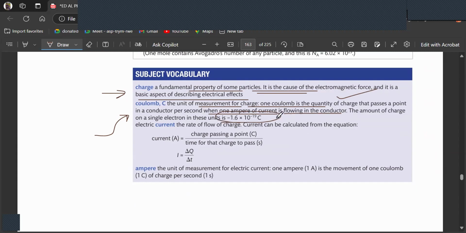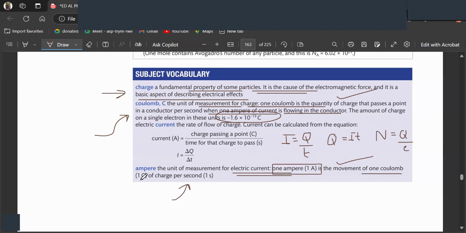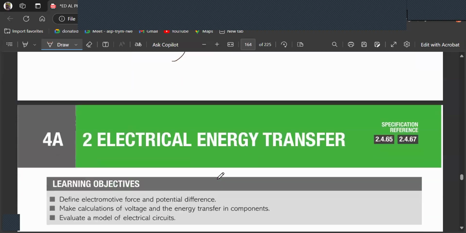Amount of charge on a single electron is -1.6 × 10⁻19. The formula for current we studied is I = Q/t. The formula for Q is I × t, and the formula for number of electrons is Q divided by the elementary charge, 1.6 × 10⁻19. Ampere is the unit for measurement of electric current, where we can define 1 ampere as the movement of 1 coulomb of charge per 1 second.